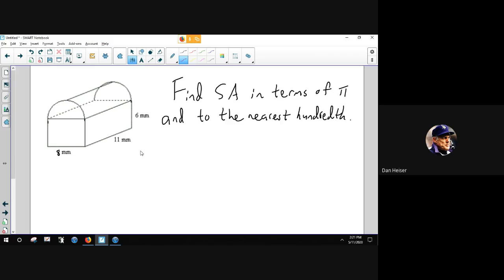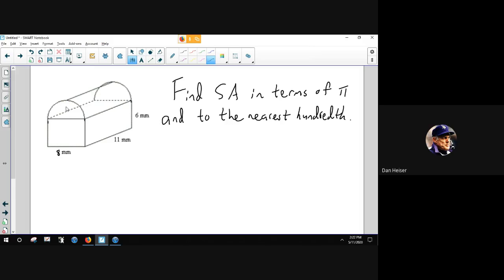Now we have to take a look at what this shape is. First thing I'm going to do is add a little bit to the sketch, just so we don't forget about what's behind it. Even though we're only looking at this front part, understand that this is a solid figure and there is a back portion of it.